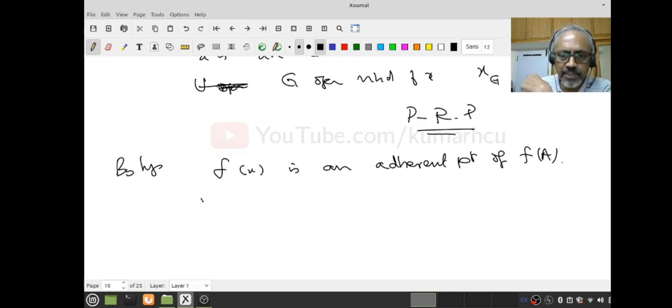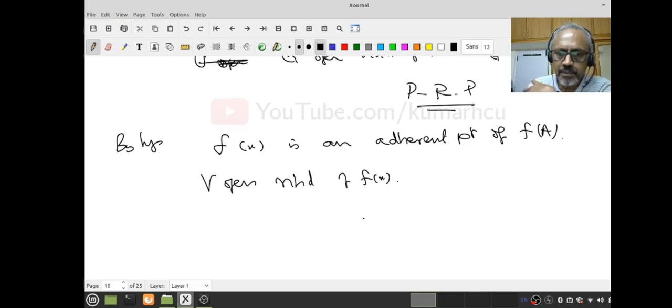Now V is an open neighborhood of f(x), right? Therefore, what should happen? f(x) is an adherent point of f(A) and V is open. Therefore, this implies f(A) intersection V is not empty.